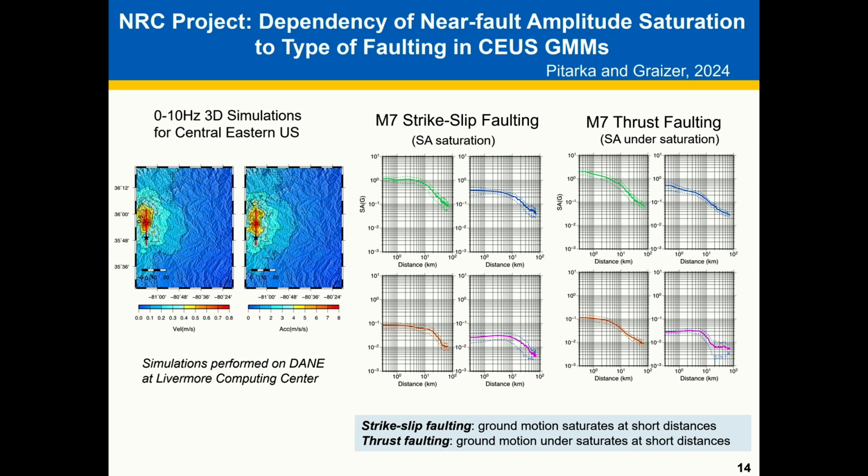But if you move on to a thrust fault, the ground motion is not only much higher near the fault, but there is also undersaturation, and that persists in almost all periods. This is a very interesting result that Vladimir is using to improve the ground motion models for that part of the country. So this is a nice application of the current technique that we're using here in the Bay Area to other parts of the country to improve the ground motion models.